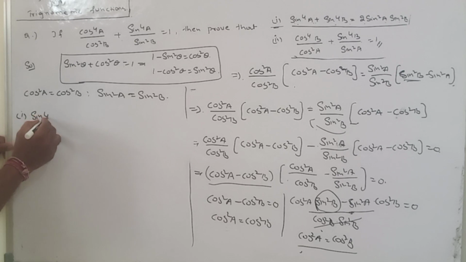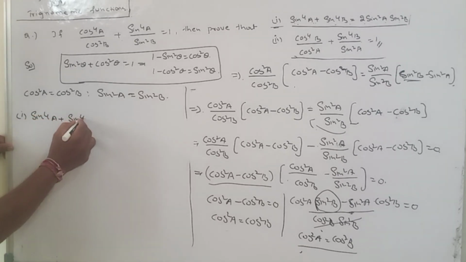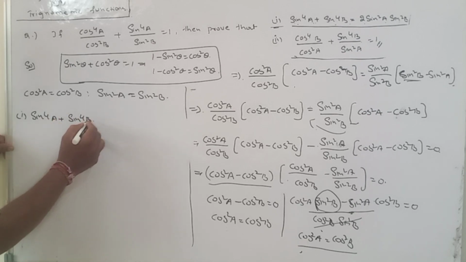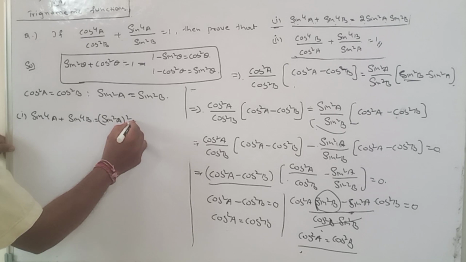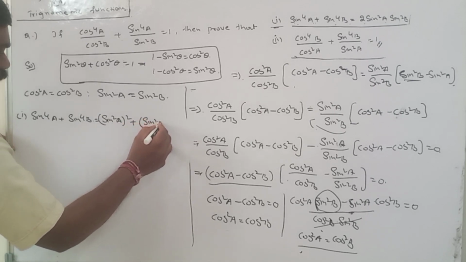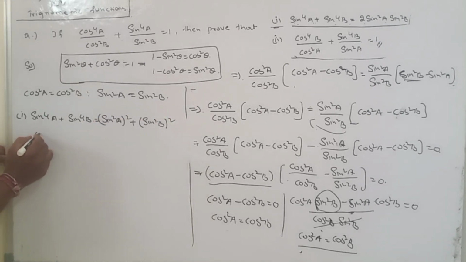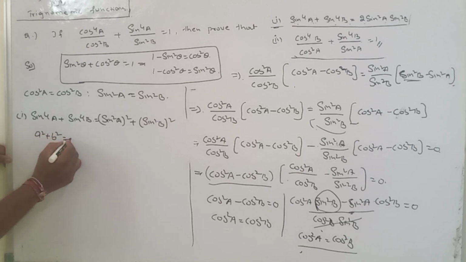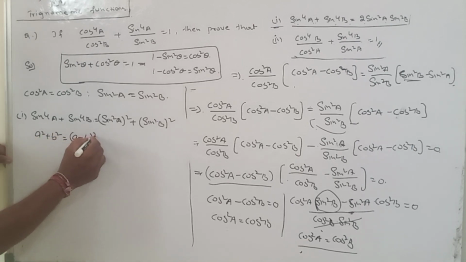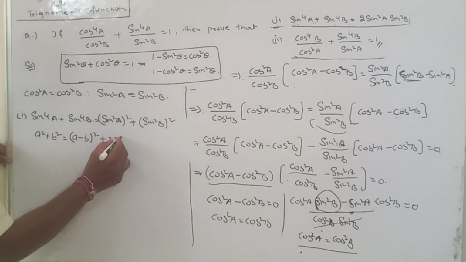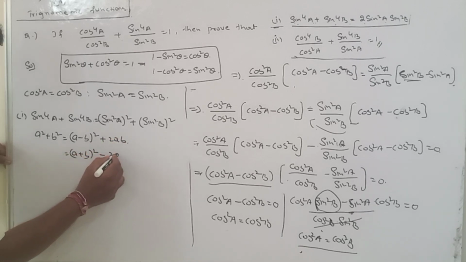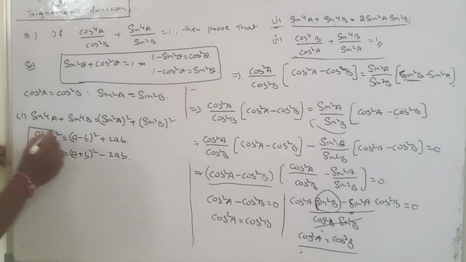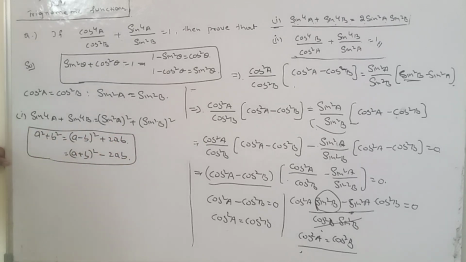Here sin⁴A + sin⁴B can be written as (sin²A)² + (sin²B)². Here a² + b² is (a − b)² + 2ab, and also (a + b)² − 2ab. These are algebraic formulas.